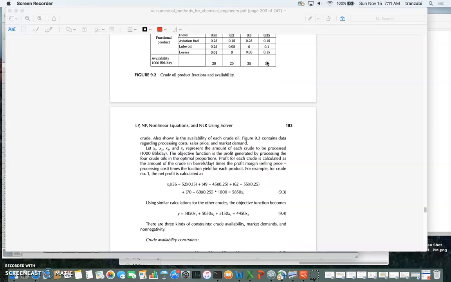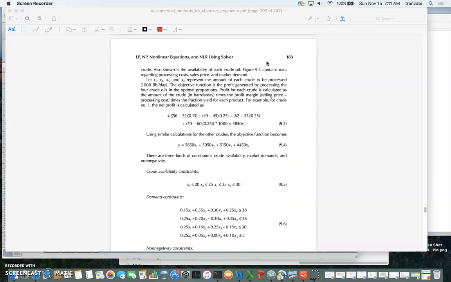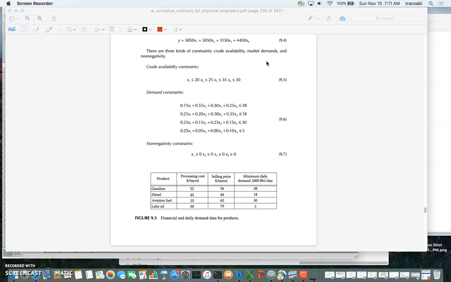So with that, I can go ahead and write the third constraint, saying that 25% of X1 plus 15% of X2, 25% of X3, and 50% of X4, all of that would be the aviation fuel, which should be less than 30,000 barrels a day.